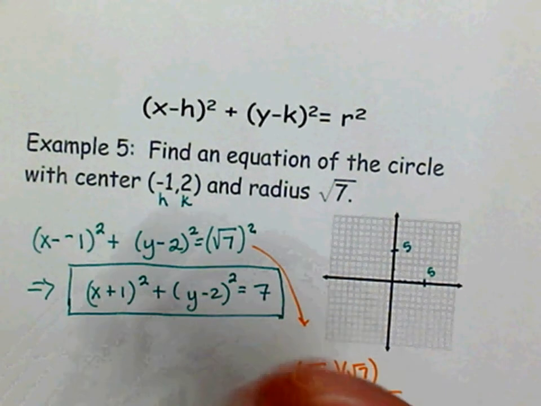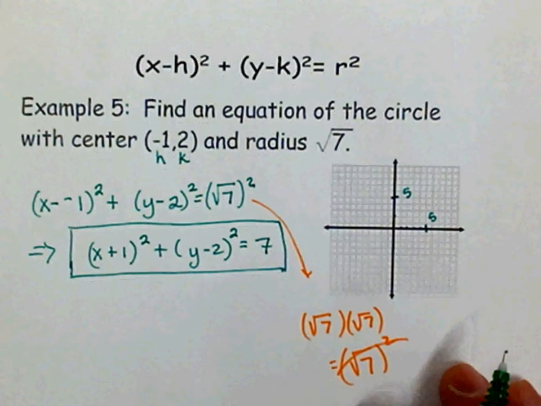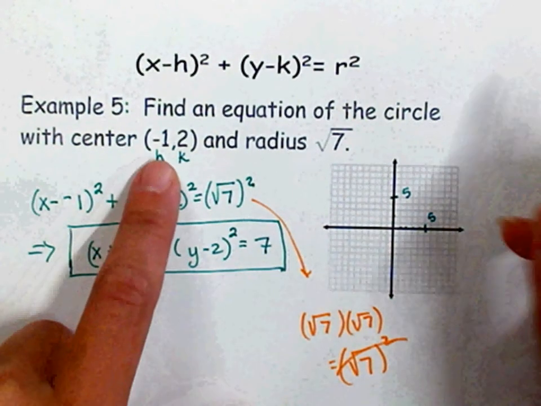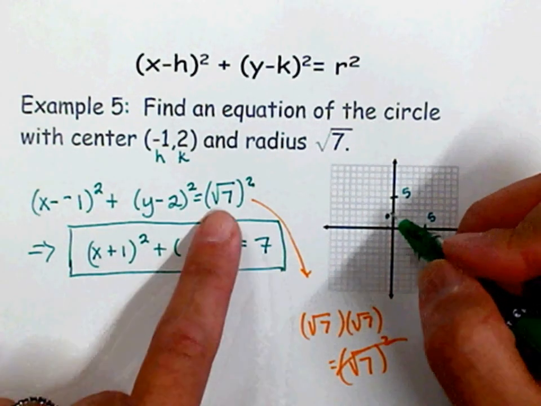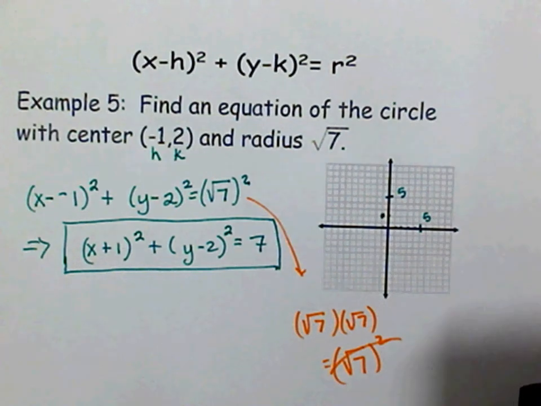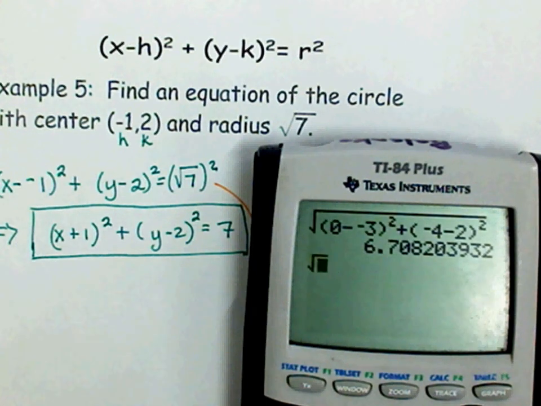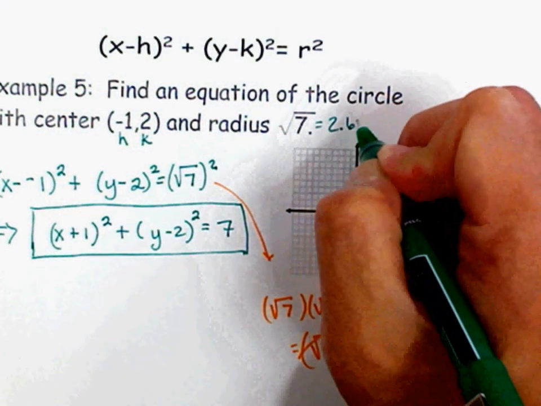Let's go ahead and graph. Negative 1, positive 2. Your radius is the square root of 7. But Miss Blake, I don't know what the square root of 7 is. Well, square root of 7 is about 2.65.